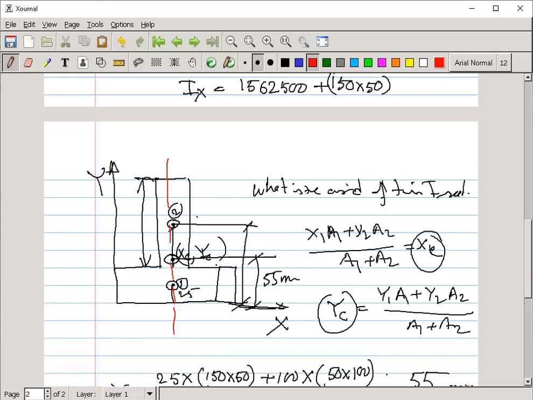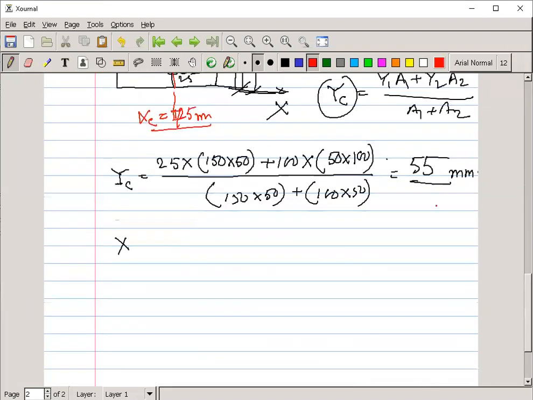These and these are at the same distance, so I can simply say XC for this composite is 75. It is situated on the same line because this is symmetric on both sides. But along the x-axis, upside and downside, it is not symmetric, so we have to do this calculation. That's why we get 55.